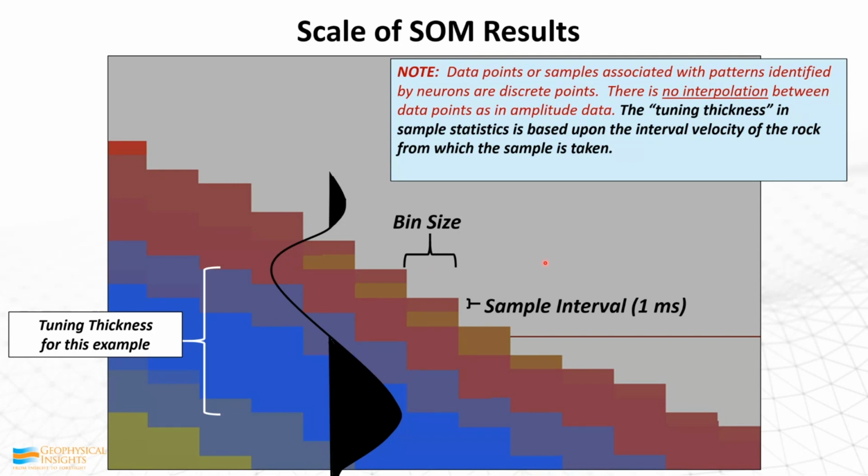But here the tuning thickness is dependent upon the interval velocity of the rock at that sample. So if you're working in carbonates, obviously you're not going to see something as thin as you would if working in clastics, because the velocity is much greater.